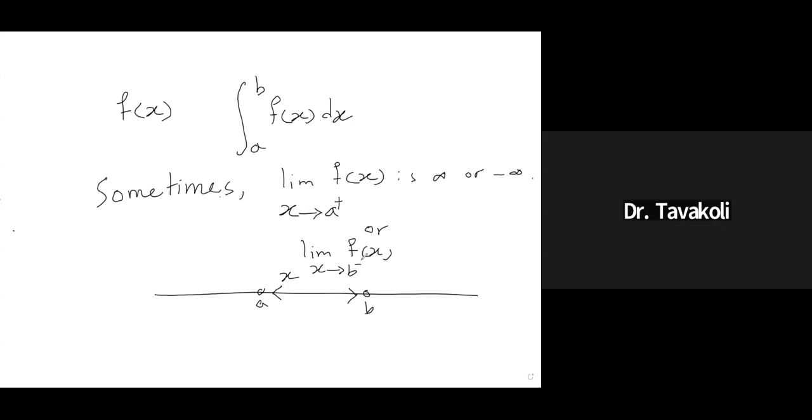That negative sign on the upper right corner of b means the direction of the approach, as you have seen in Calc 1. So sometimes this is plus or minus infinity. In such situations, we deal with an improper integral. So this improper integral is different from the improper integrals we have already studied in the previous videos.